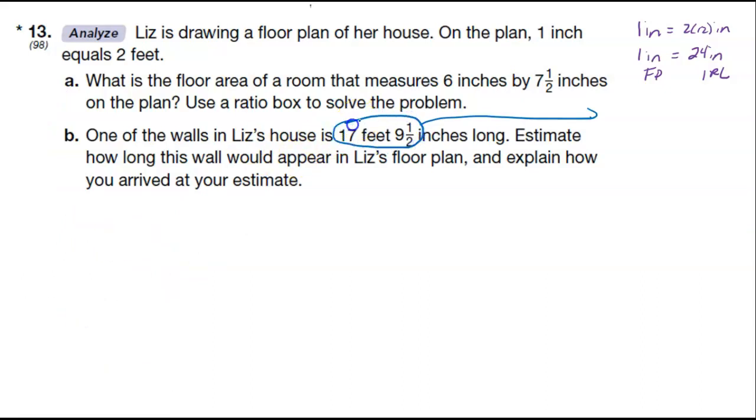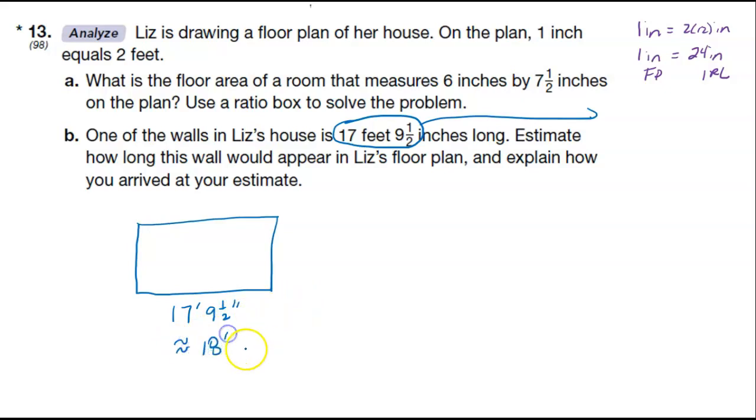17 feet, 9.5 inches long. So like, let's say that's the wall. And then the actual house is 17 feet, 9.5 inches long, which you can round to 18 feet. If I want to change that to inches, I'm going to multiply by 12. So 18 times 12 is 216 inches.